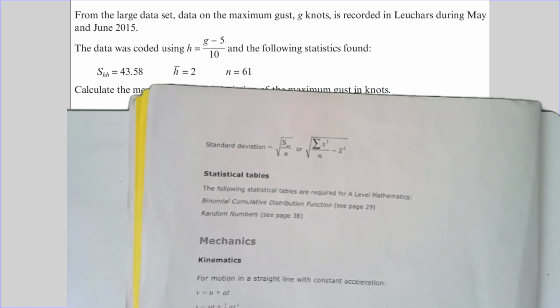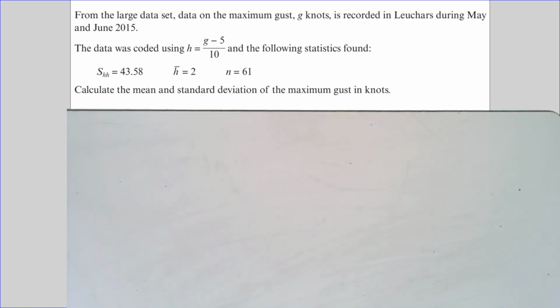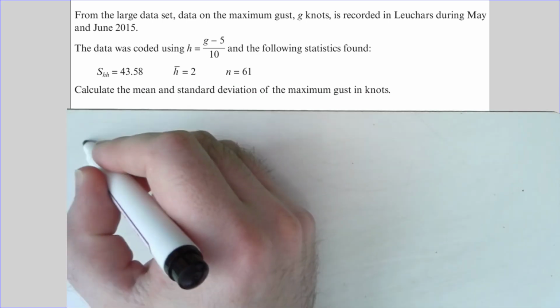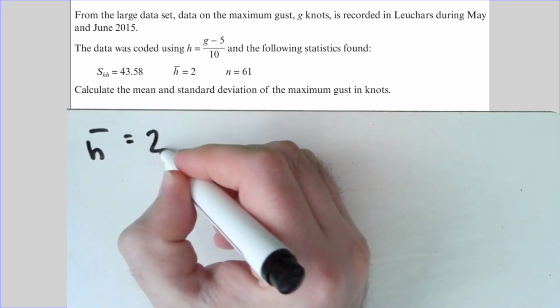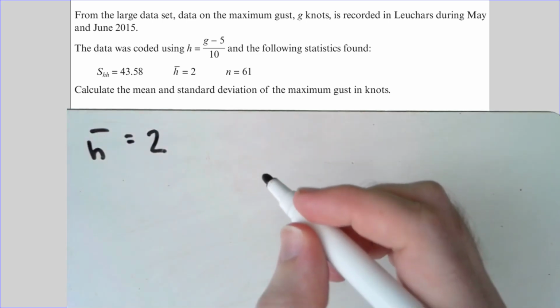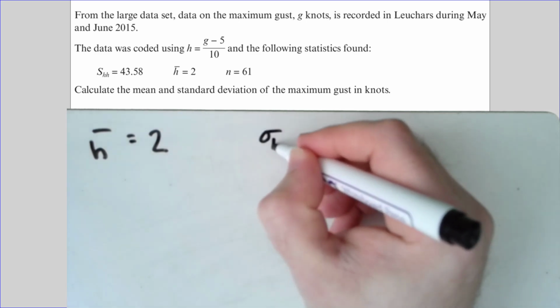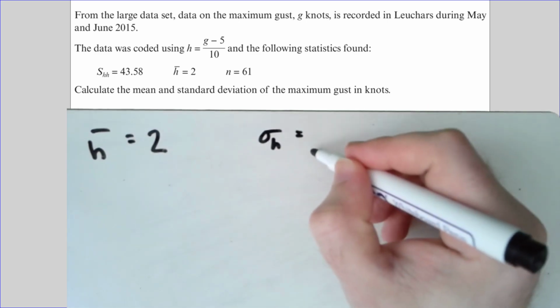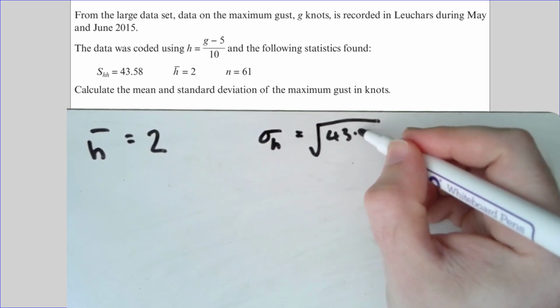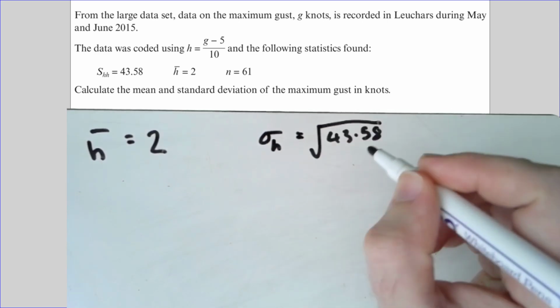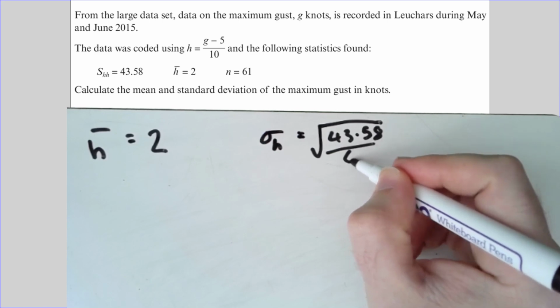So we can use this to work out our standard deviation for H. So for H, we know that H bar is 2, and we know that sigma H is the square root of this 43.58 over n, which is 61.